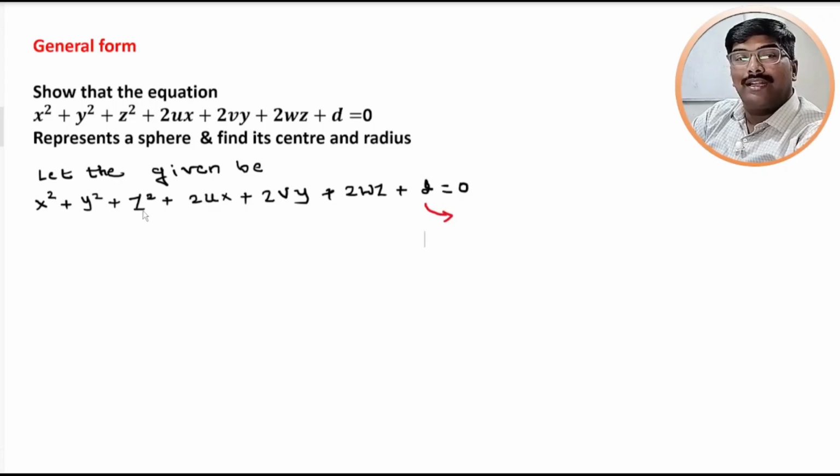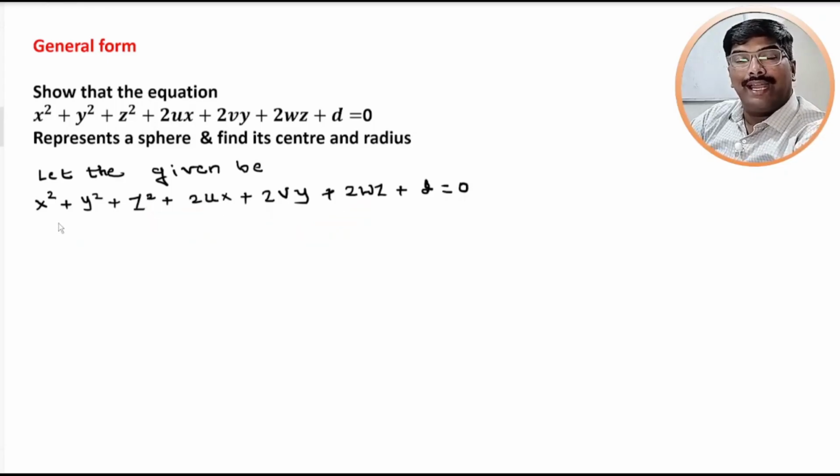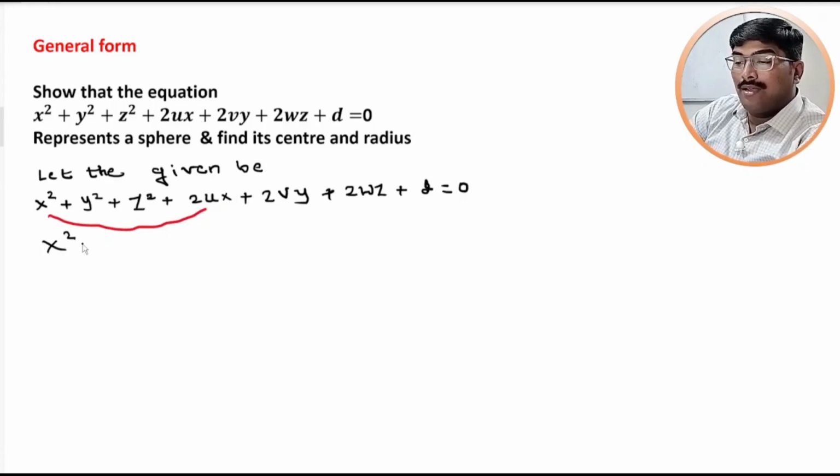Also collect the term containing x in one bracket, the term containing y in another bracket, and similarly the term containing z in another bracket. If we collect the term containing x, means x square and 2ux, that is x square plus 2ux in one bracket.